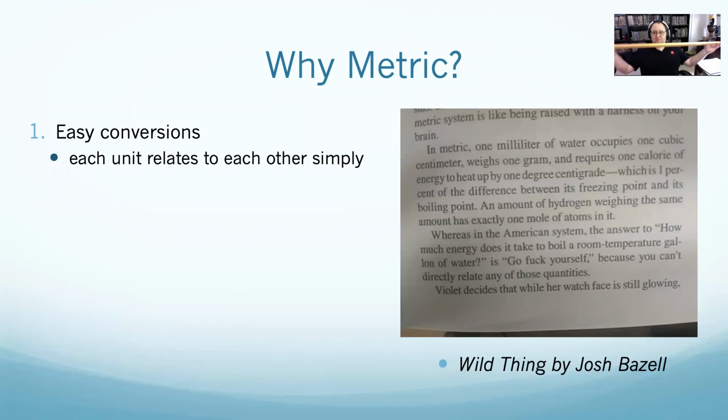However, in metric, in 1 meter, which is what I'm holding here, there are 10 decimeters. In 1 decimeter, there are 10 centimeters. In 1 centimeter, there are 10 millimeters. It's nice and simple. Everything is a factor of 10. And the prefixes centi, deci, and milli work for meters and seconds and grams and anything else. It's easier conversions.